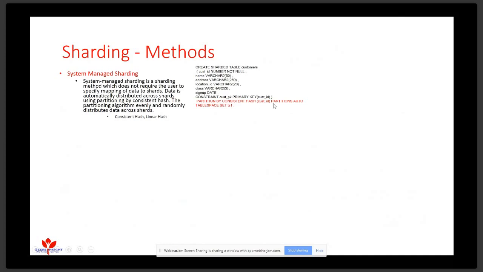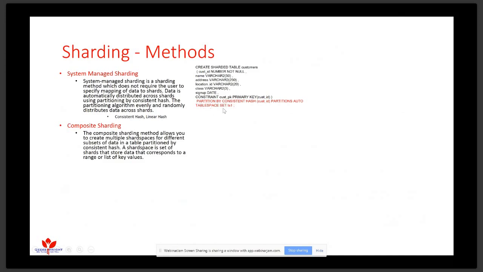I say partitions auto, number of partitions, and I specify the tablespace set. This is the change in the syntax: the sharded keyword as well as the tablespace set. Generally, if you don't specify any distribution key and just specify consistent hash, it automatically takes a hash or linear mechanism to distribute your data to the partitions across the nodes.